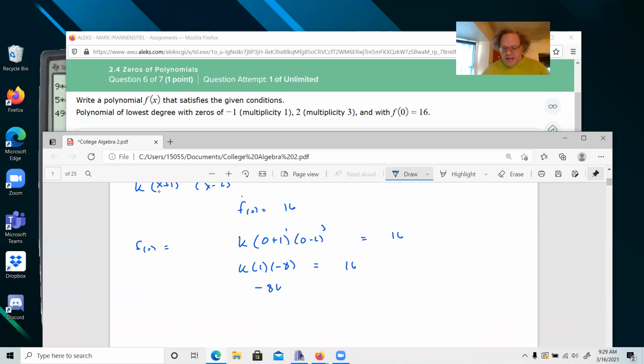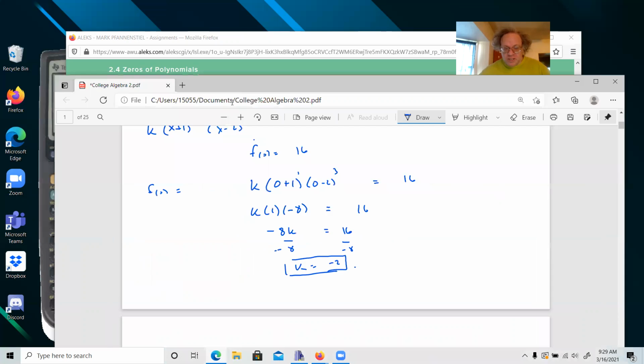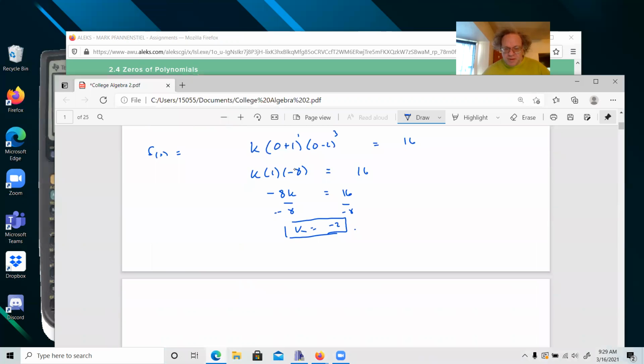So we have -8k equals 16. Divide everybody by -8, and we get k is equal to -2. All right. So my function here, f of x is equal to -2 times x plus 1 times x minus 2 cubed.